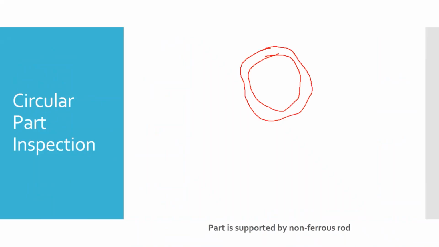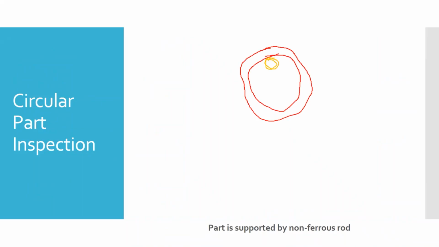A very nice circular part. You can all see that. Okay. And we take a copper or brass rod and we run it down the middle right here. There's our rod running through the middle of it. The magnetic field is going to form roughly 2 diameters of that rod each side of it.